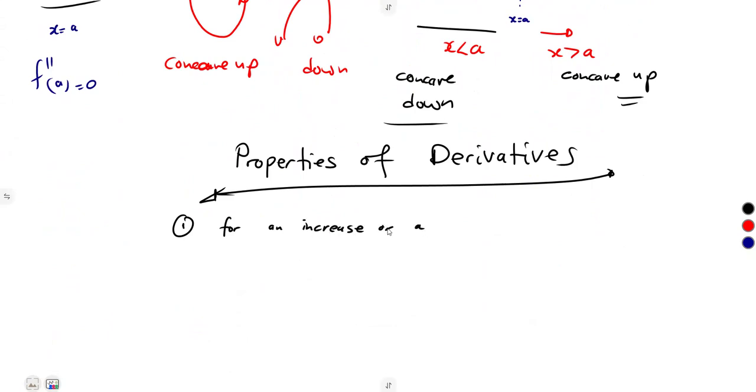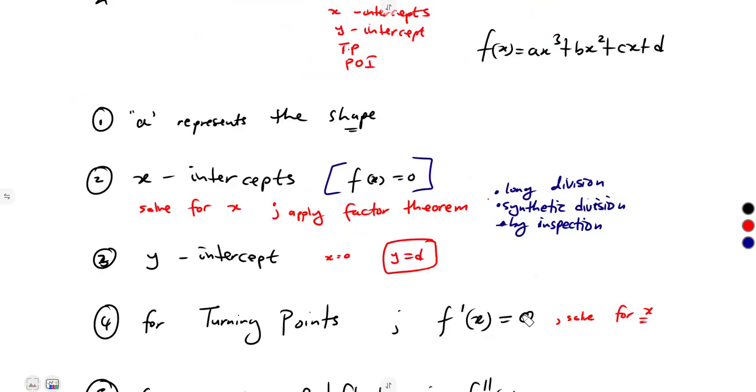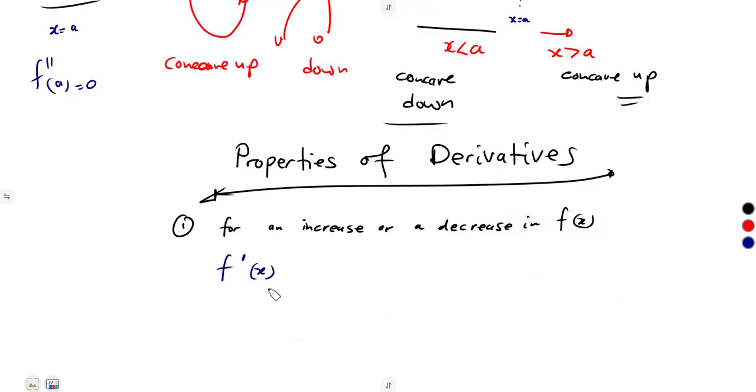So this is obtained from the first derivative of that turning point. Remember, for the first derivative to be equal to 0, you are at the turning point. But from that, you can tell now, is that an increase or not?